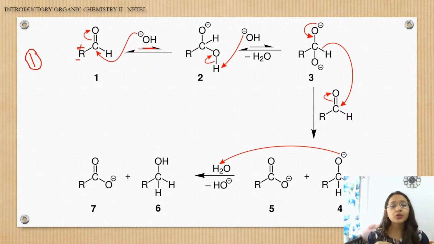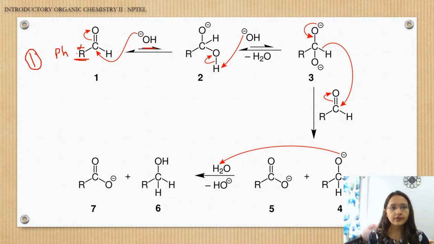So what will the base do now? The base will either act as a nucleophile or a base, right? I have told you this. So now, if it is not acting as a base because there are no alpha hydrogens, just assume R as Ph, an aromatic ring.